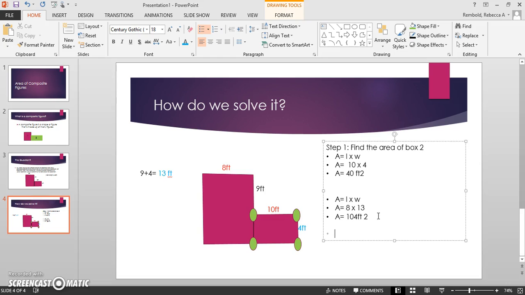So that would mean that the total area is equal to 104 feet plus 40 feet. So that means the total area, I'm going to shorten it to TA, is equal to 144 feet squared.